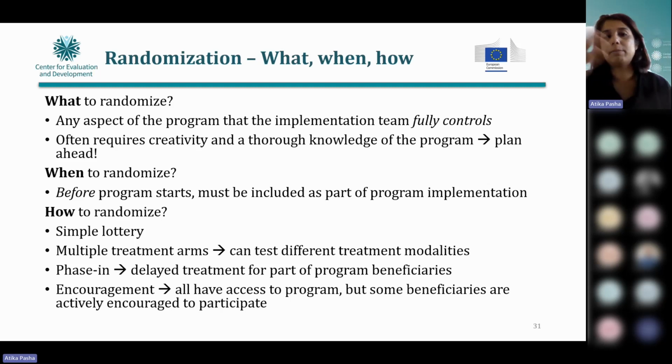And these are the kind of aspects that you can randomize. It often requires creativity, as I previously mentioned, and a thorough knowledge of what your program is about, what you can control, and what external factors can come and impact the randomization. And so it's important to think of those factors and to plan well ahead.